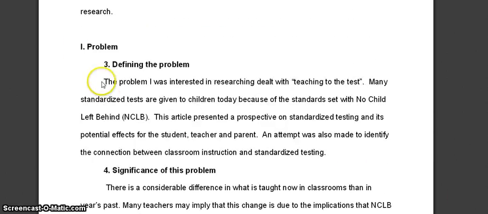What was the problem? What problem were they looking at in the article? This example includes my, me, my, I, all over the place. Please try to stay away from that and just state the problem.